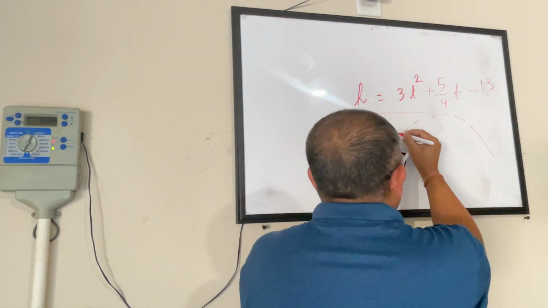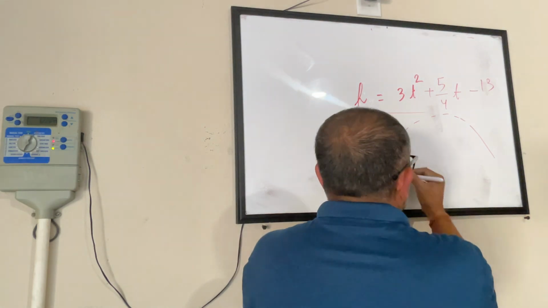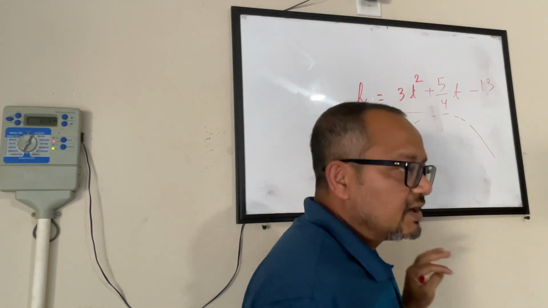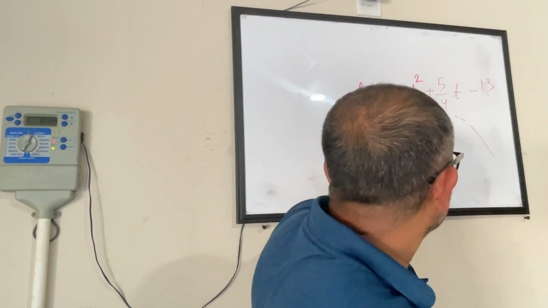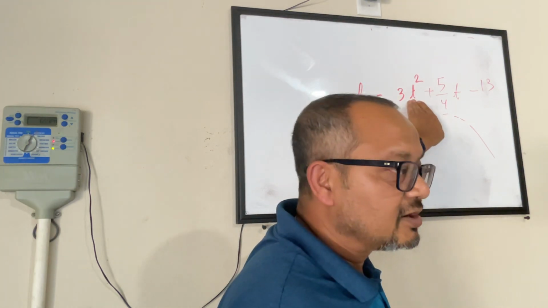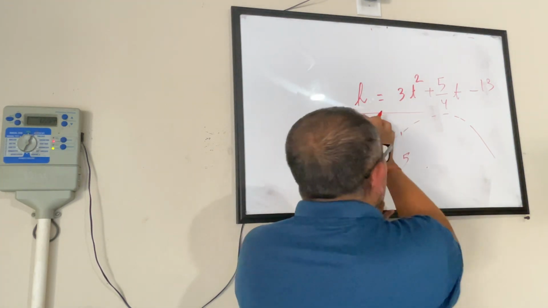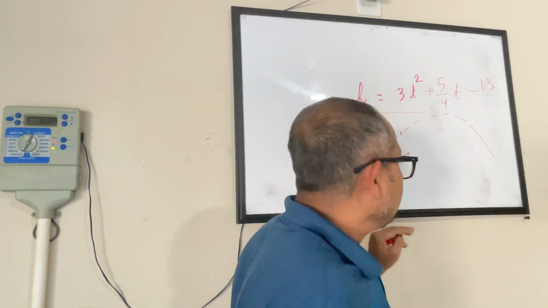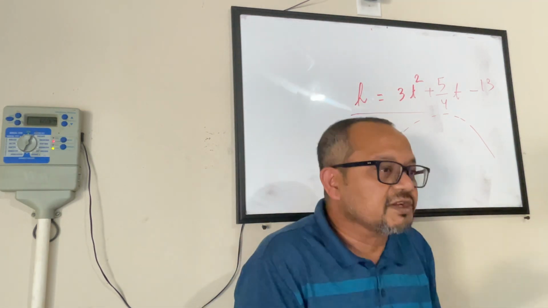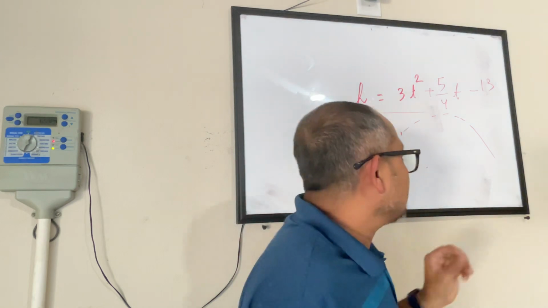Meaning, after, let's say, 5 seconds, let's say the stone is here. What you have to do is just put the time here, and then that will give you the height. There can be a question where they will just tweak it a little bit, saying, okay, fine.